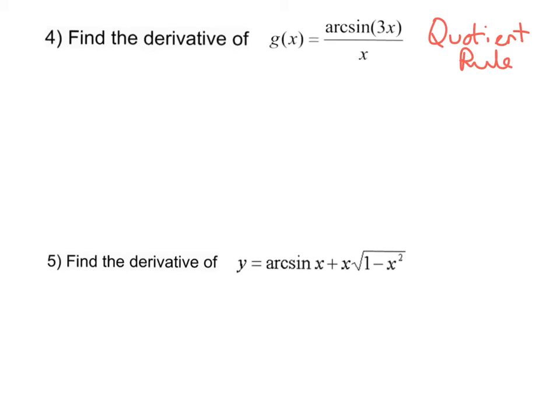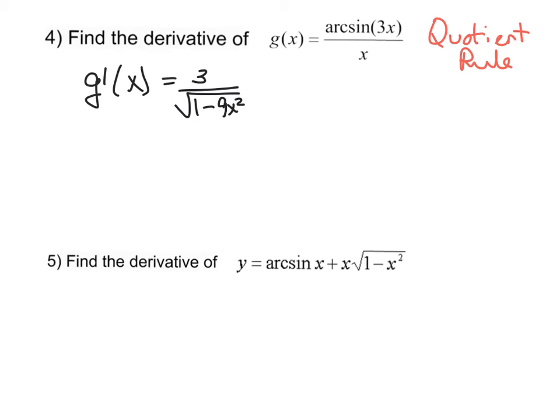So let's see how the arcsine is going to be included in this quotient rule. So g prime of x is going to be equal to the derivative of the numerator. So that's an inverse trig, so I'm going to say u prime over the square root of 1 minus u squared, so that's 9x squared.